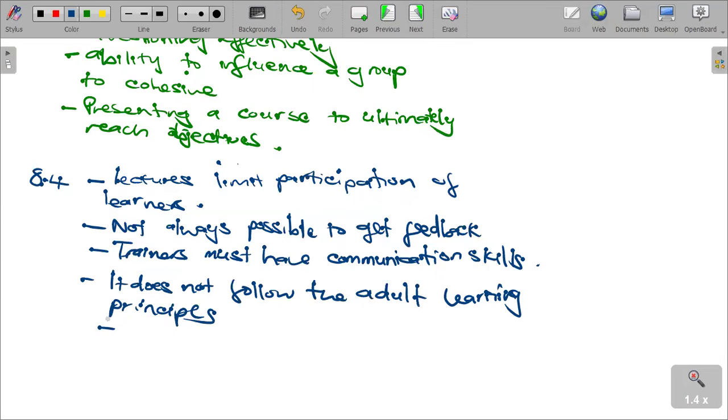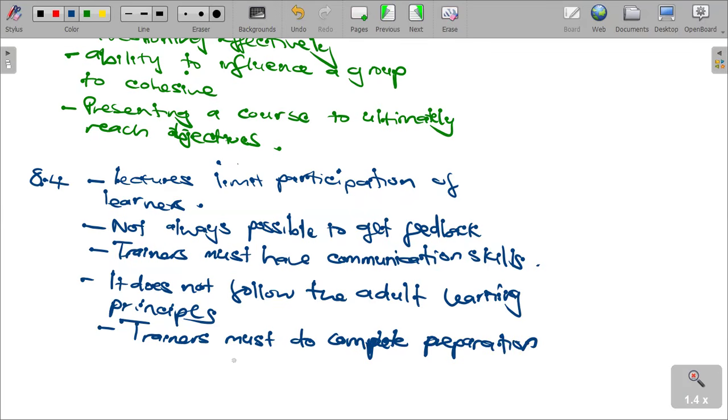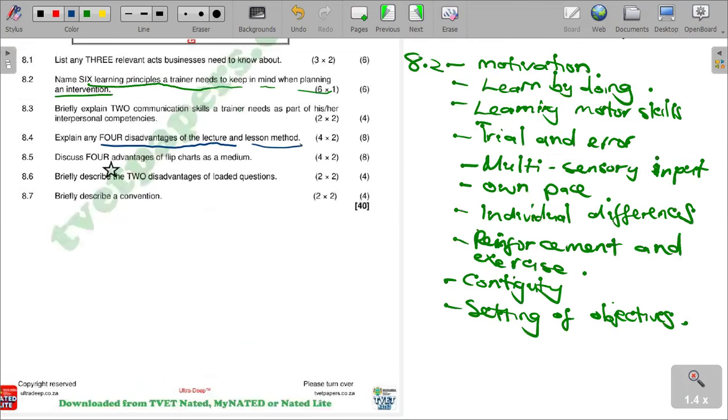You can also find that trainers must do complete preparations for it to be effective. Right. So let's move on to question 8.5.